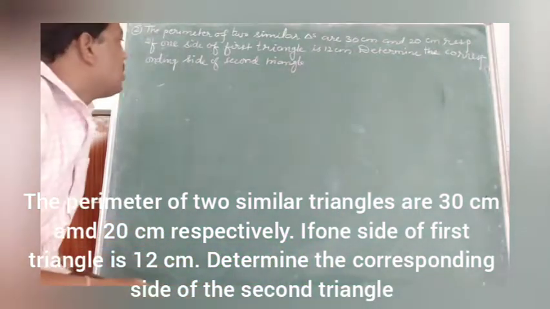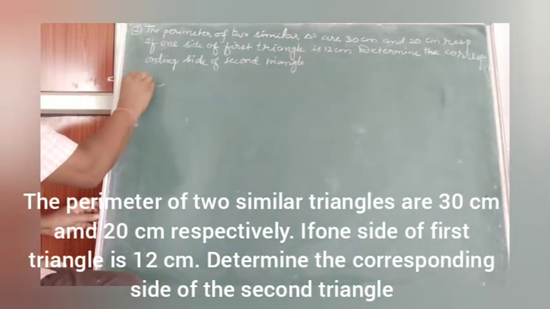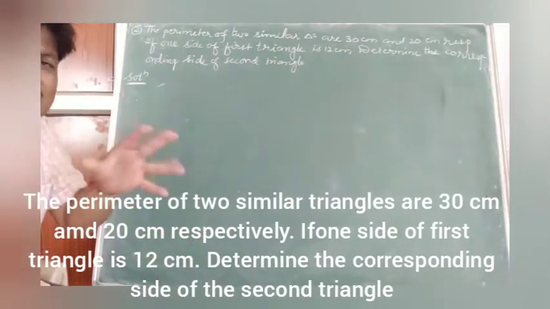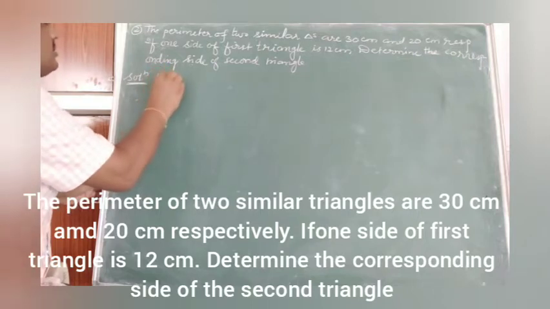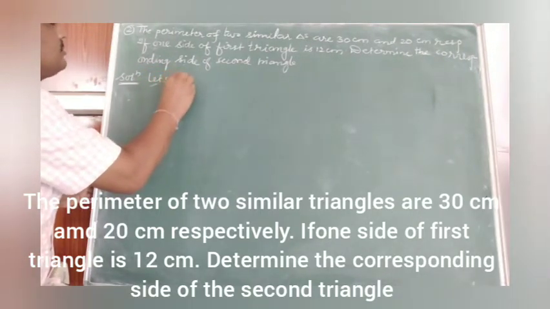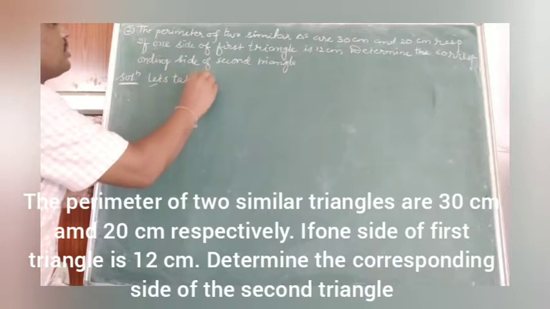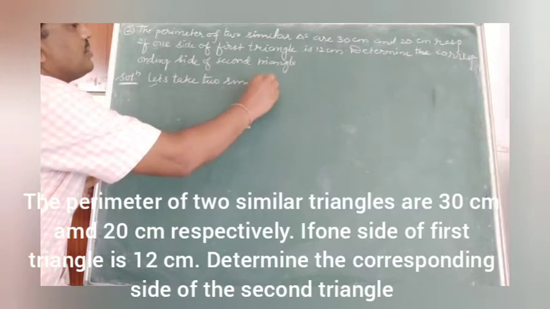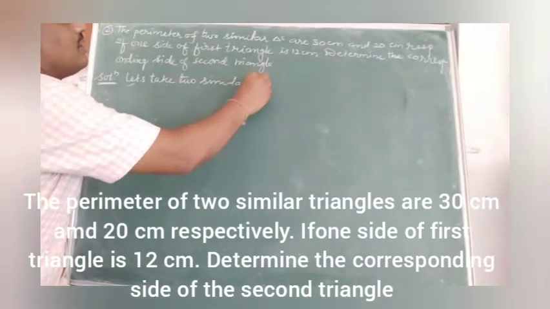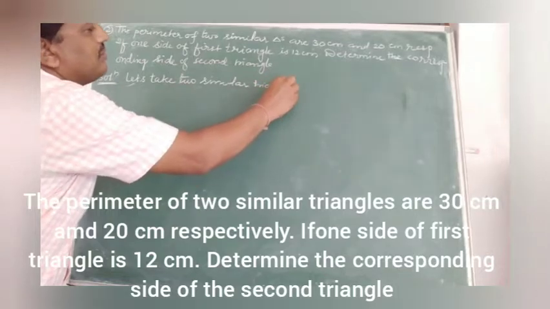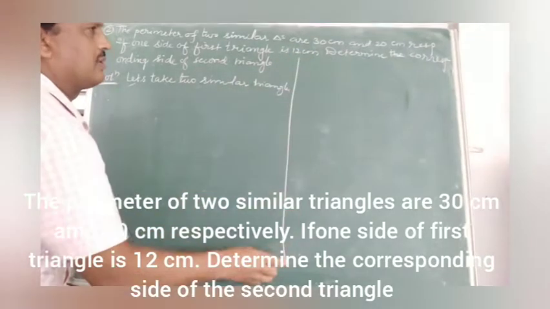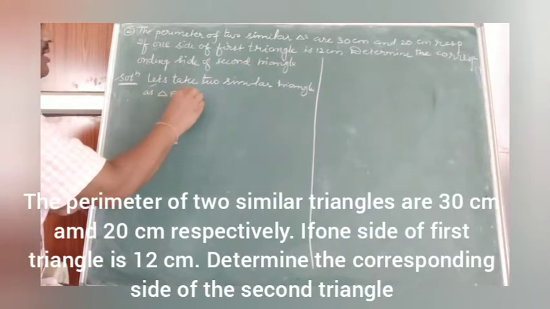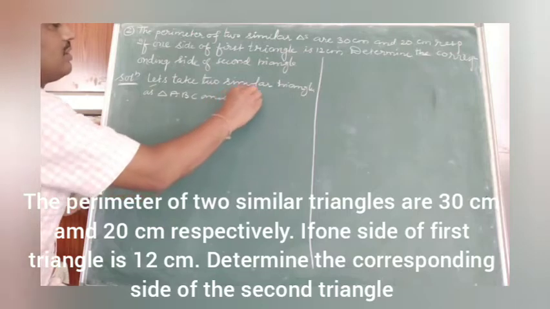Okay? Right, children. So, the solution. First, two triangles are given, that too similar. So let us assume two similar triangles, children, as triangle ABC and triangle DEF.